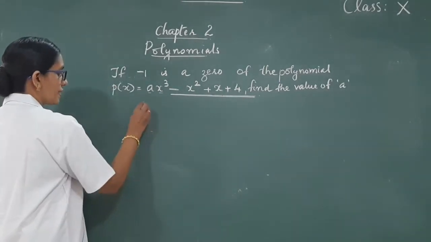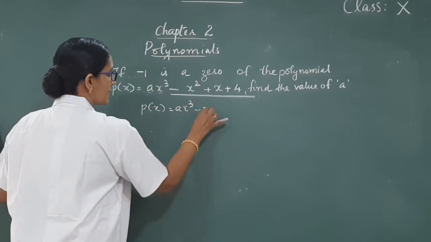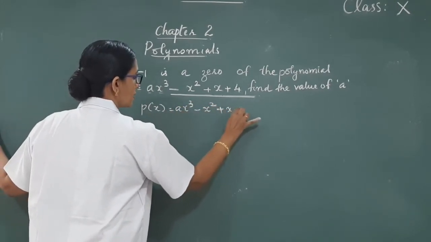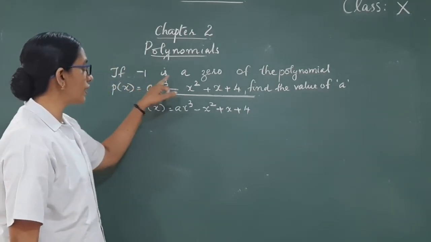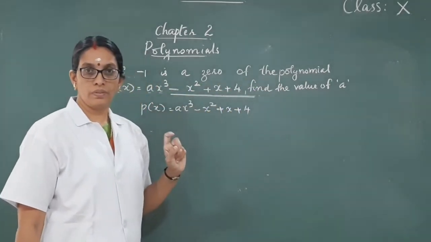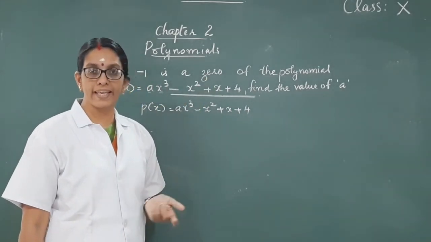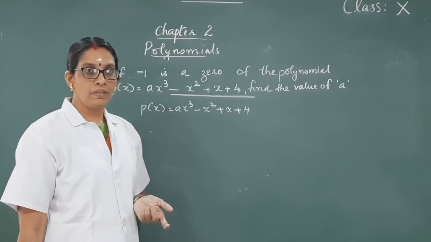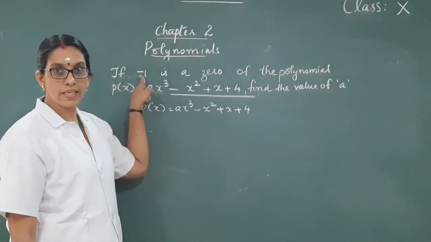Okay, so P(x) is given: ax cube minus x square plus x plus 4. And in the question it is given that minus 1 is a 0. So if minus 1 is a 0 of the polynomial, what can we say? P of minus 1 will be equal to 0.